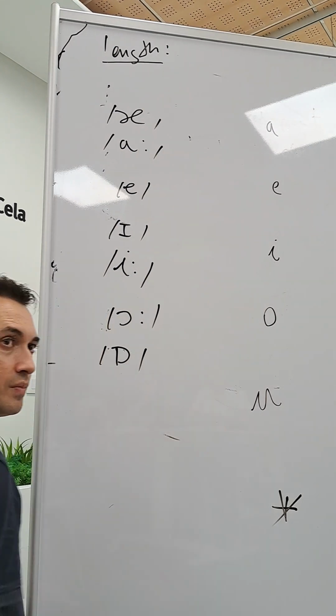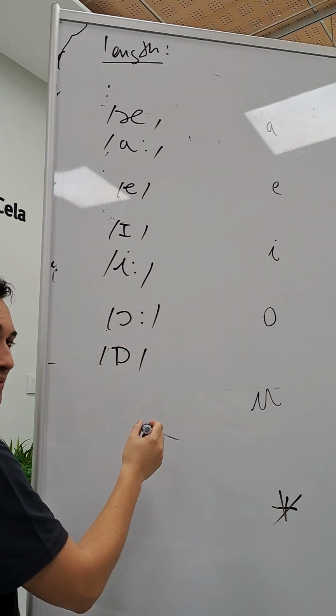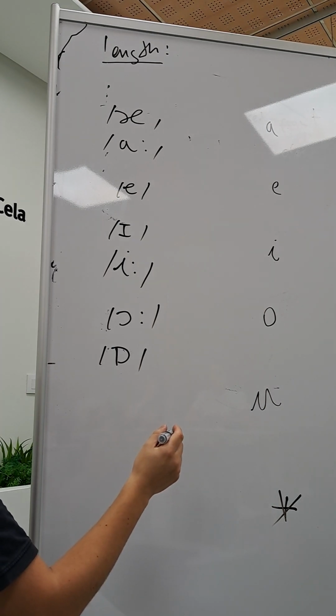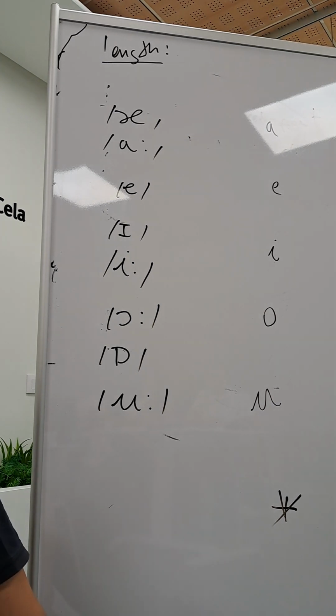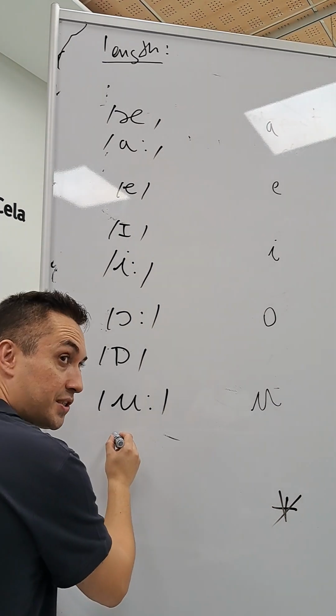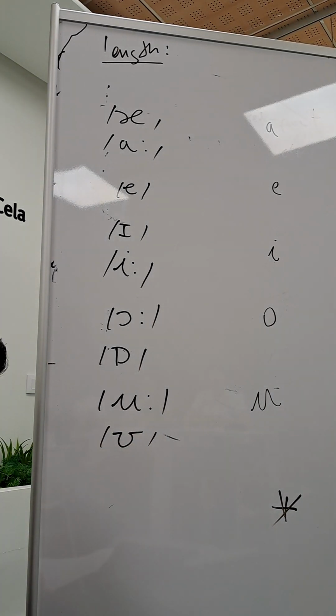Similar to Spanish U, boot, oo, and the shorter one, foot, put. This is the symbol. Put.